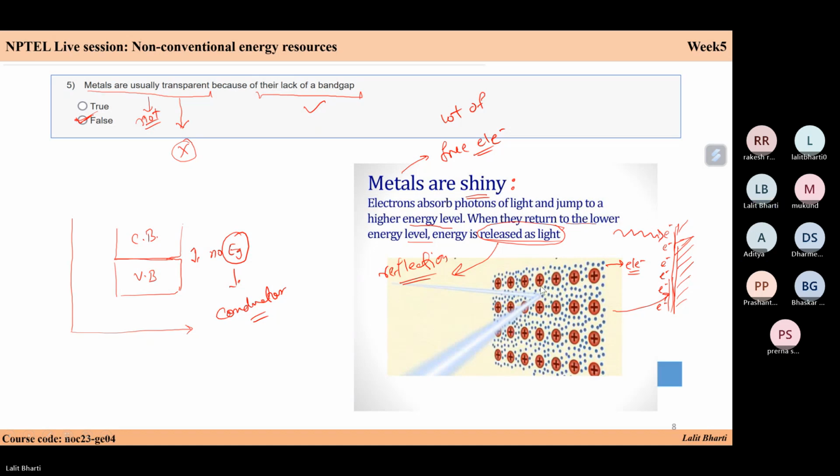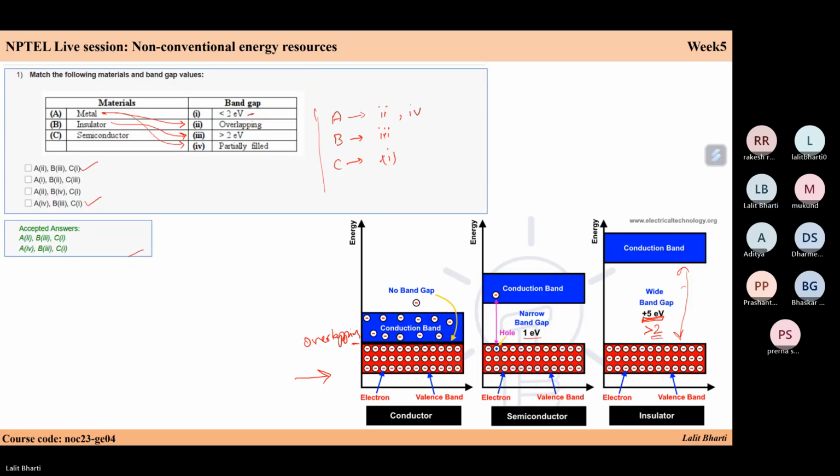So basically the light will be as if reflected from the metal surface. So that is why we see these are shiny, and depending upon the material and the loss during this process, we see different types of shines. Like for copper we see a different shine, for gold, for silver, for platinum, but these are basically shiny.